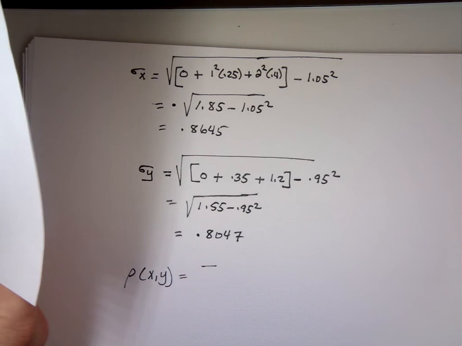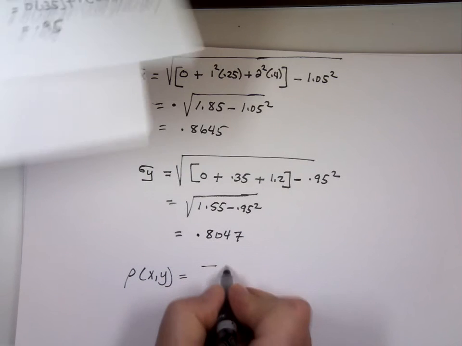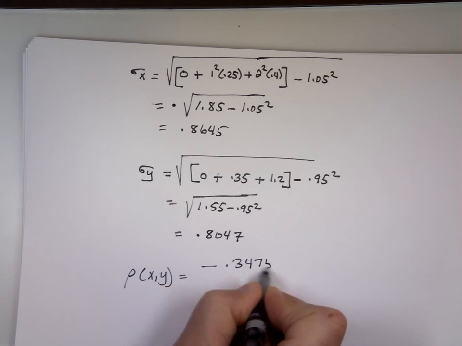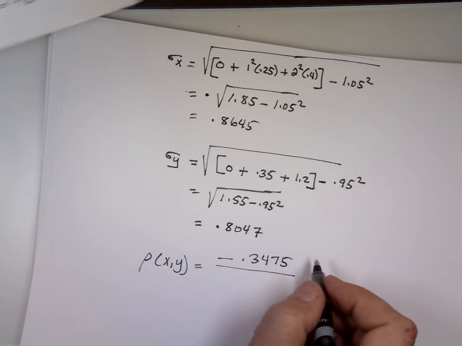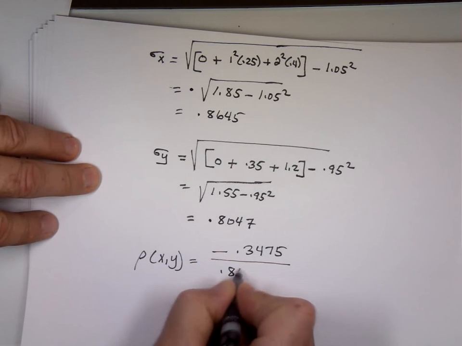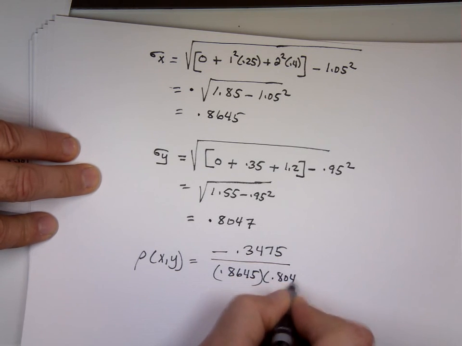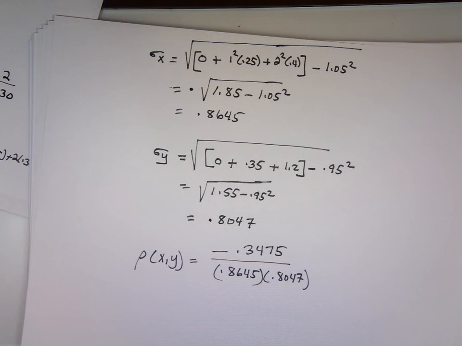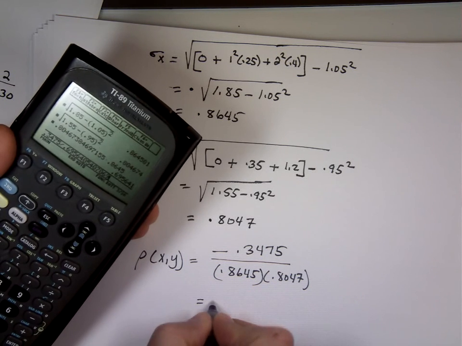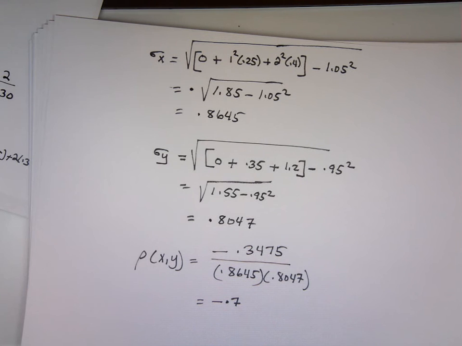The covariance, what was my covariance? 0.3475 divided by sigma x times sigma y. 0.8046 times 0.8645. 0.3475 divided by that number. It looks like roughly negative 0.769. So we have a negative correlation.